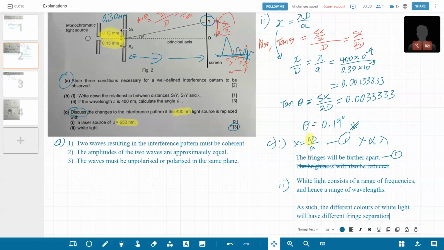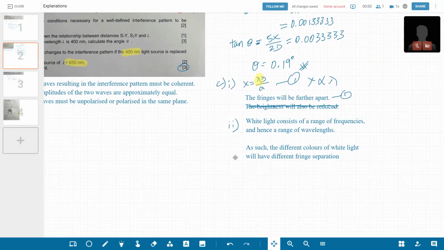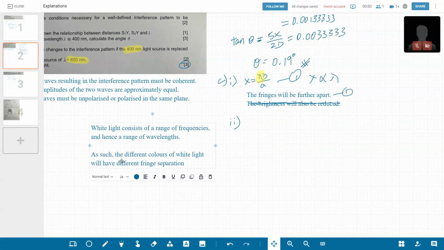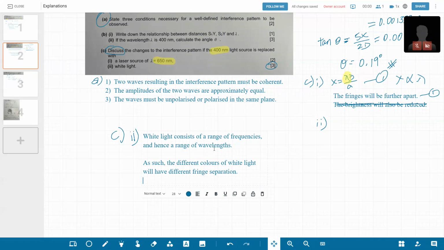Okay, let me just move this to the center. Okay, so this is part C, part 2 here. So as such, they will have different fringe separation, okay? So I will say that this is probably 1 mark, then this is probably 1 mark, and then the last one is describe what you'll see.